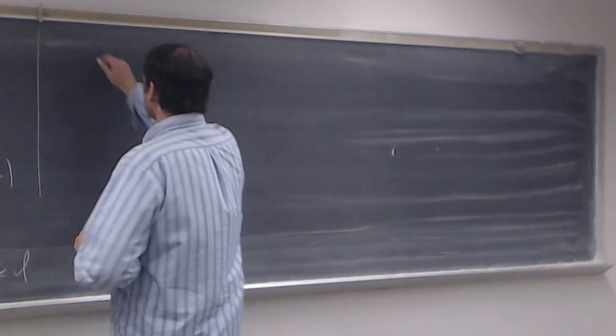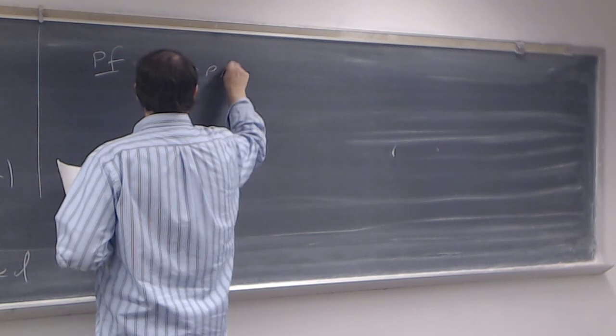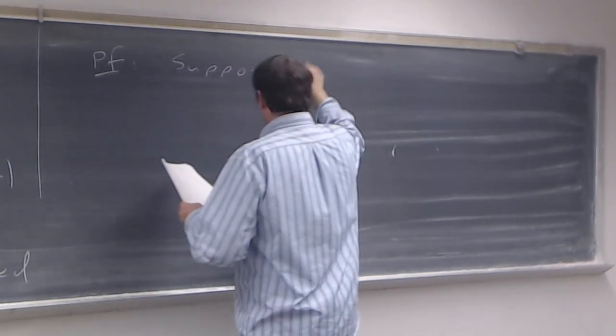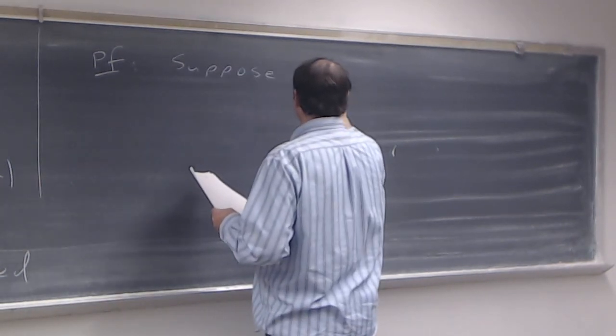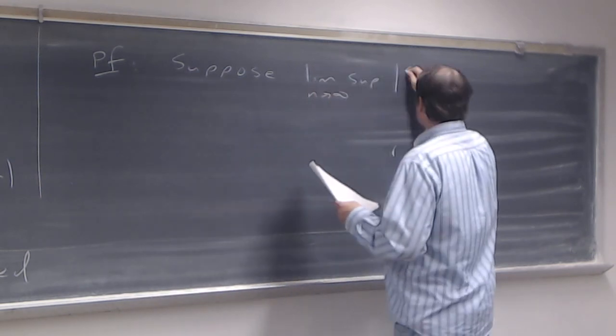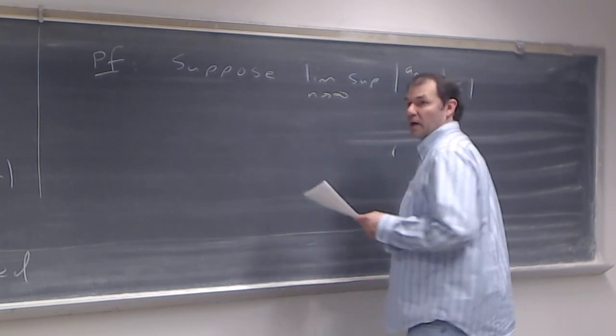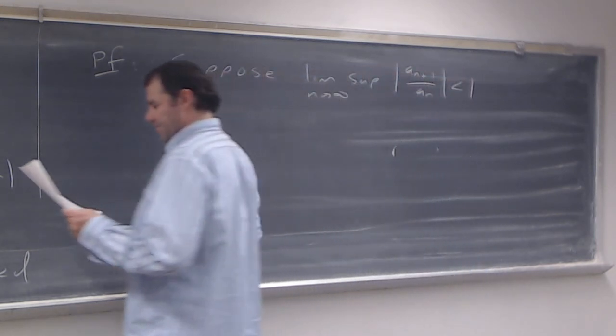Okay, so we'll start the proof. We'll suppose that the lim sup of a sub n plus 1 over a sub n is less than 1. Suppose that.